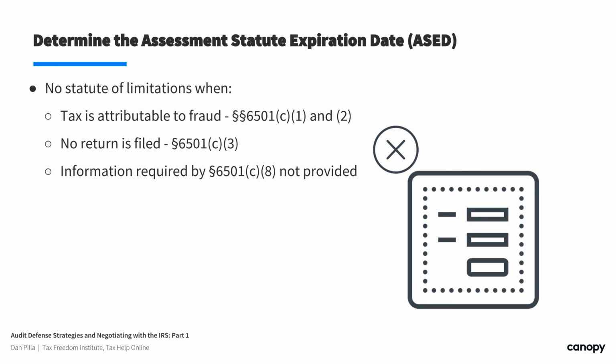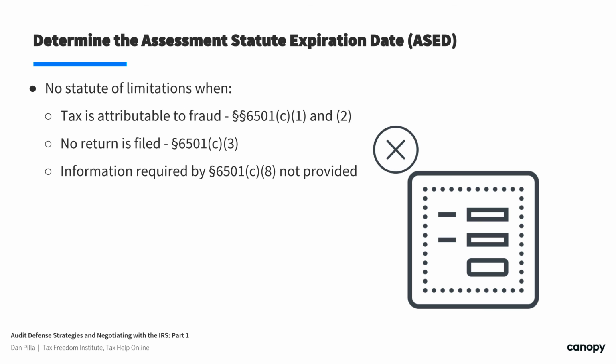Form 8938 is the statement of certain offshore assets. And if that is not filed and the taxpayer does in fact have offshore assets, then there's no statute of limitations. The IRS can go back indefinitely, and this exclusion applies to every aspect of the tax return, not just the offshore income. So it's important for clients to understand that they've got to file that form, or they are putting themselves into a position where the IRS will have no restriction on their ability to go back and audit.